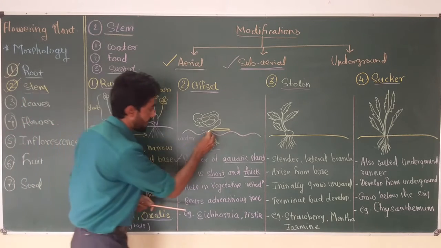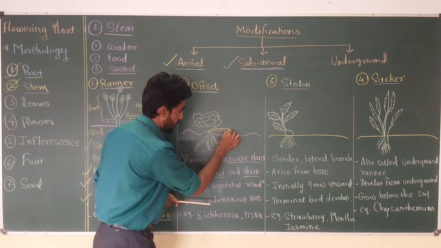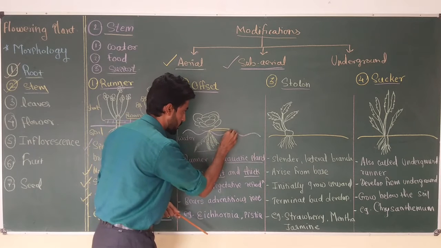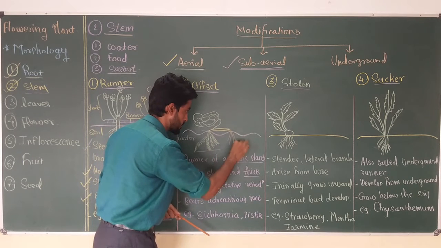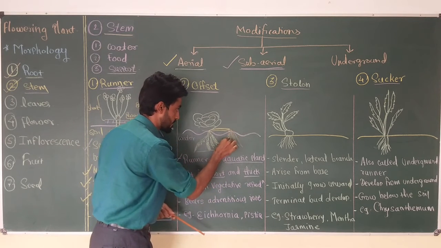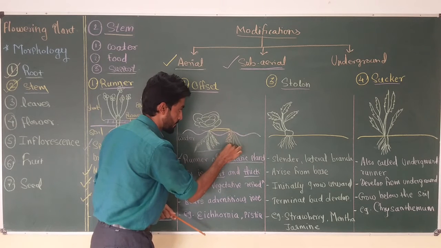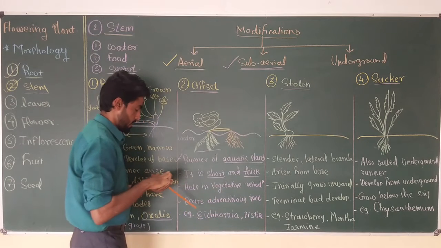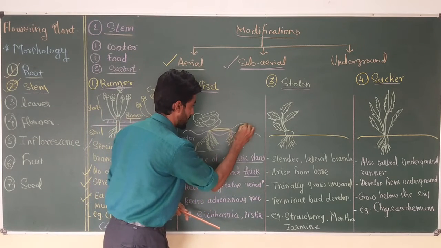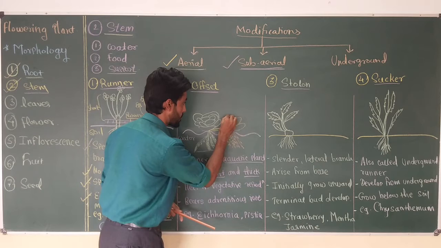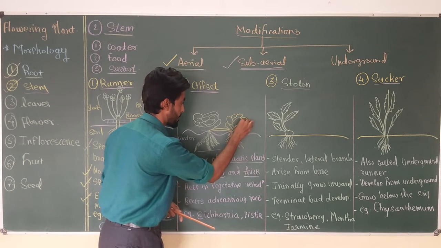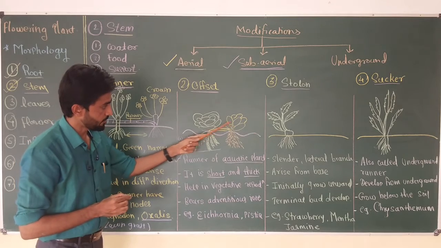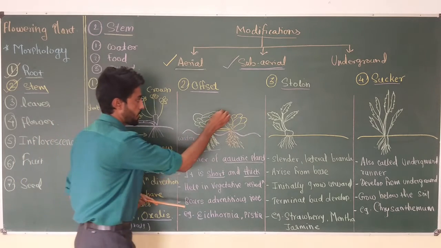When this branch develops, after some time it shows growth of adventitious roots below the water surface, and a new shoot system develops again. The connection present between these two plants is called an offset.